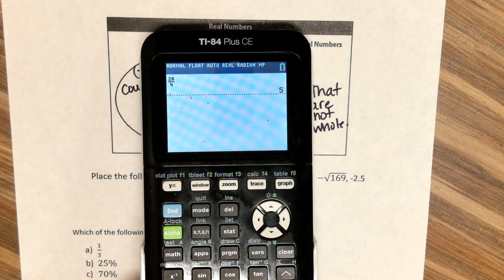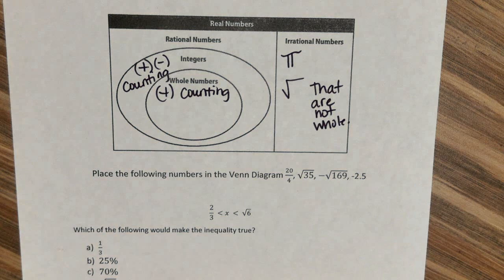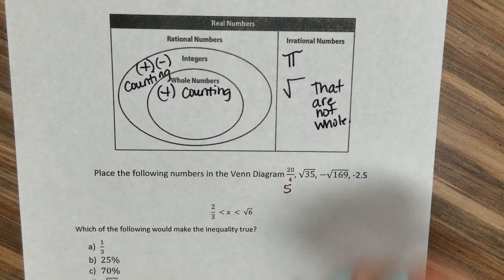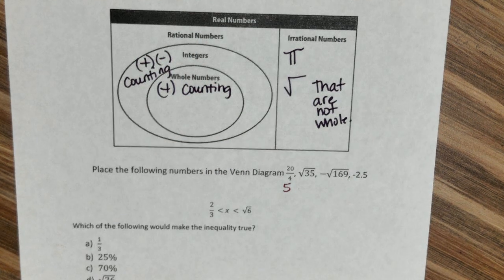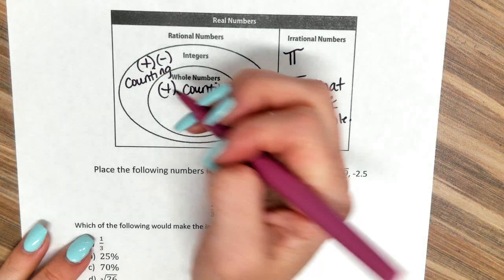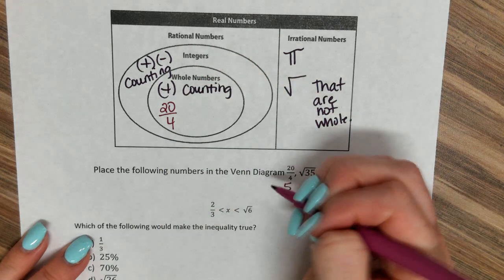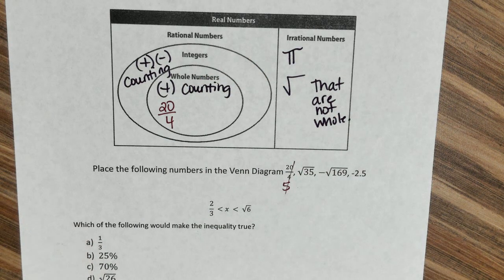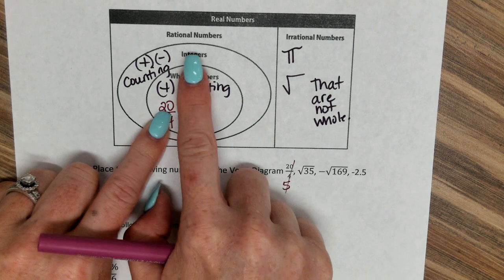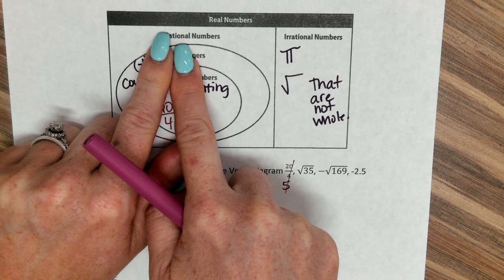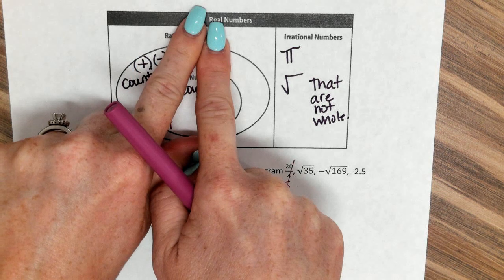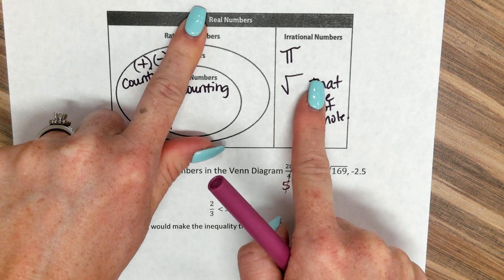What does 24th simplify to? So let's talk about where would 5 most specifically fit in this Venn diagram? Whole. So 24ths would go here. I don't see everybody writing. Would 24ths also be an integer? Yes. Would it also be rational? Yes. Would it also be real? Yes. Would it be irrational? No.